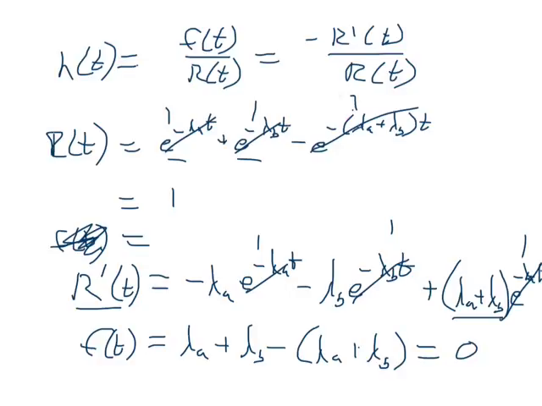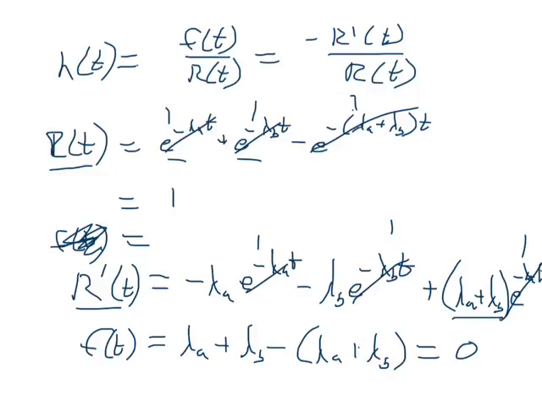So it doesn't matter what the given lambdas are. At time t equals 0, the reliability of parallel exponential subsystems is 100%. In other words, there's a 0 instantaneous hazard rate for that function, because the reliability at that time is always going to be 1.